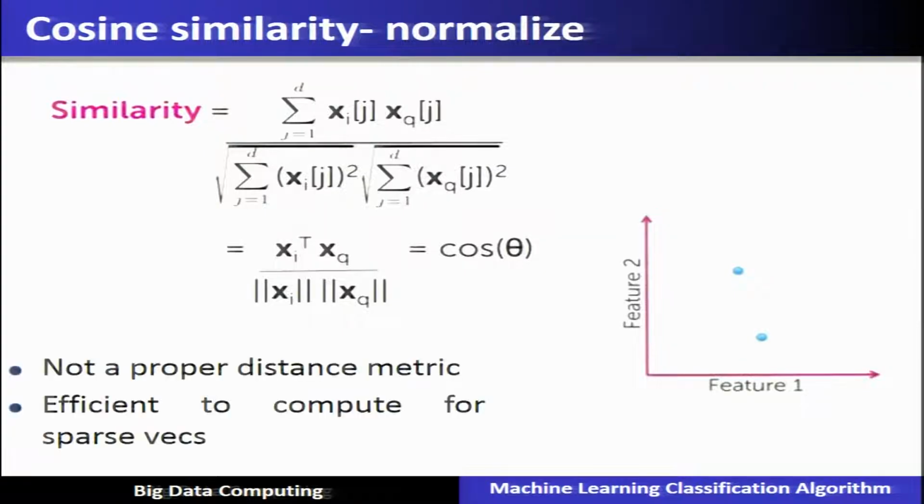These vectors are nothing but the features, and if you take the cosine similarity, by normalization it will form this equation, that is, the vector x_i and the transpose of it dot product with another vector x_j, divided by this normalization factor, which is the square root of the summation of the squares of the x_i's.